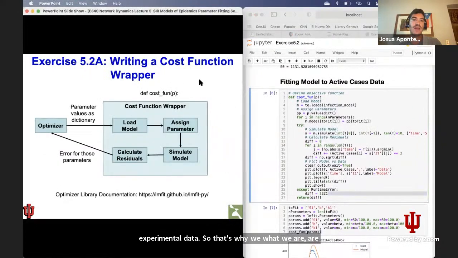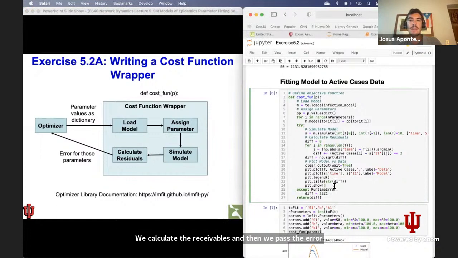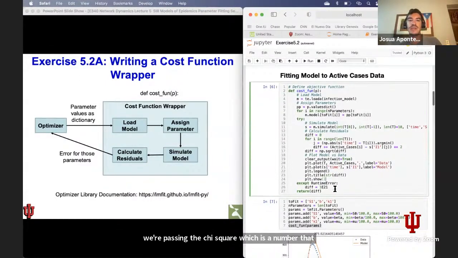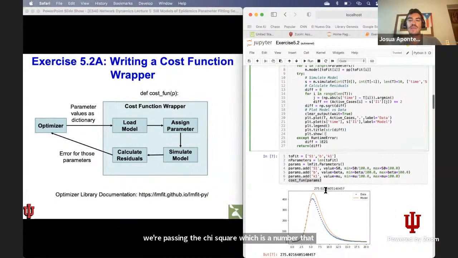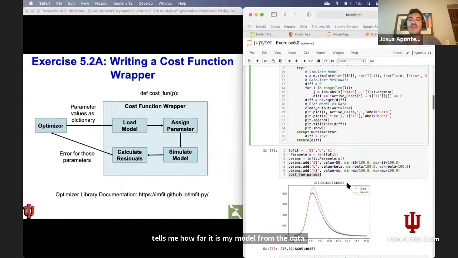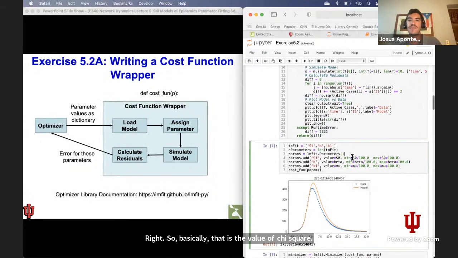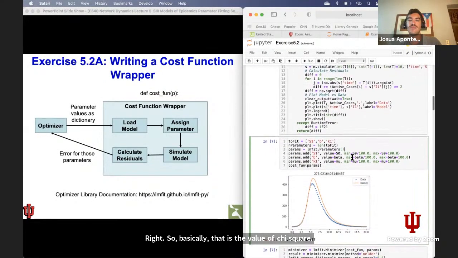If we went back here, we calculate the residuals and then we pass the error to the optimizer. So we're passing to the optimizer the chi-squared, which is a number that tells me how far my model is from the data. So basically that is the value of chi-squared given my original parameter estimates. Okay.